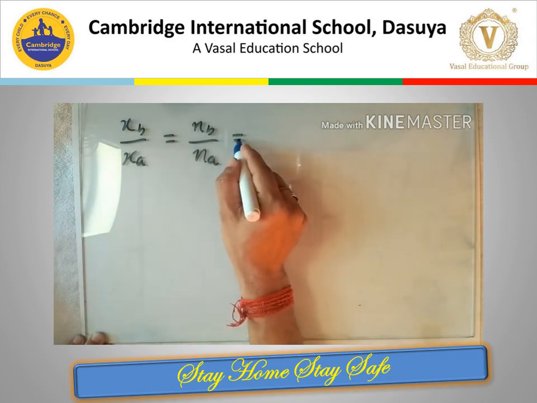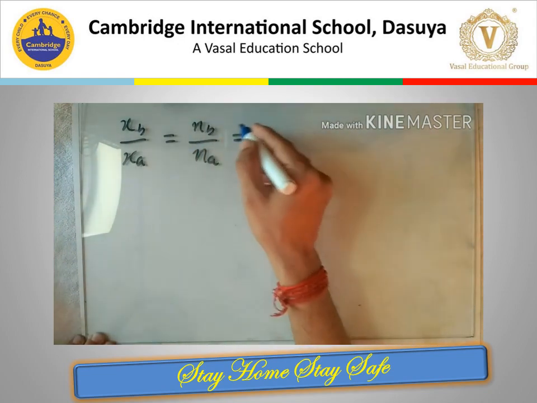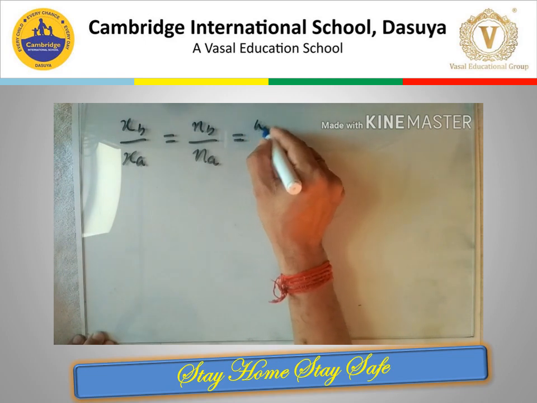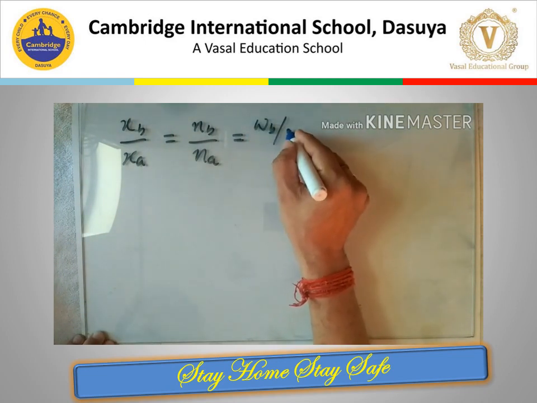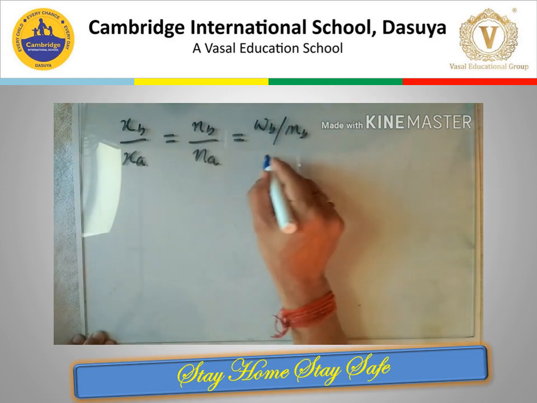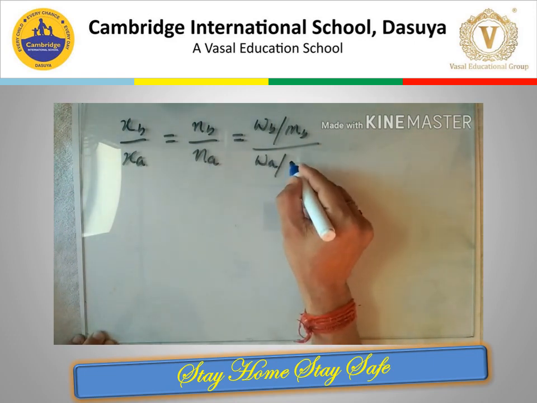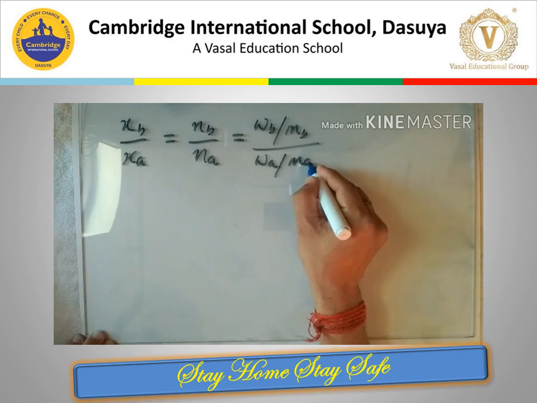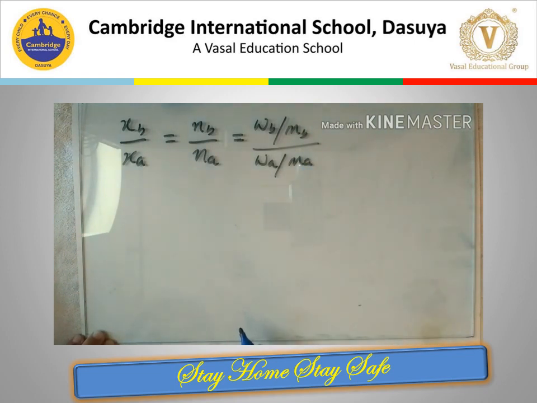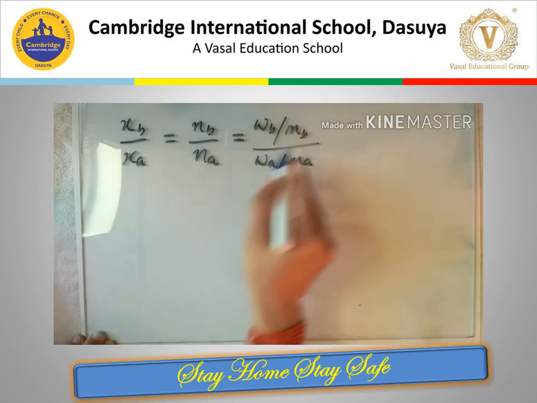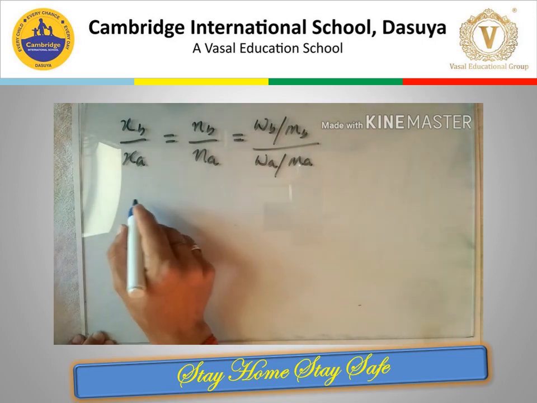And since we know that number of moles of B equals given mass of B to the molar mass of B, upon given mass of A to the molar mass of A, this can be rearranged.